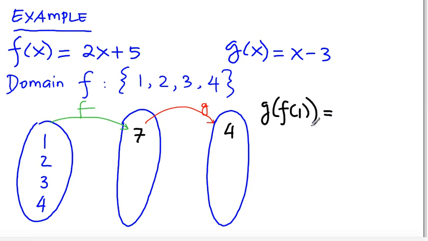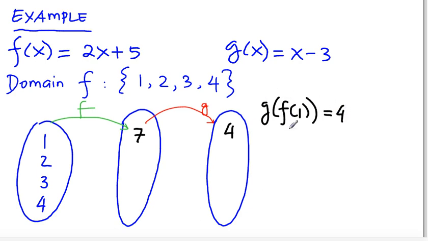The principle is that you do the inside function first. In this case, substituting 1 into the x of function f, you get 7, and then afterwards you apply function g, which means 7 minus 3, and the result is 4.